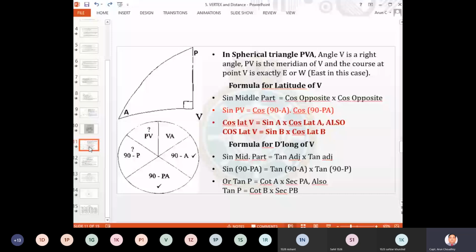So just calculate what is the latitude of vertex. Yes, Sandesh has given the correct answer.